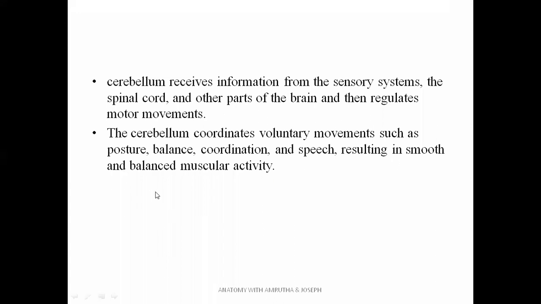So this is the main function of the cerebellum, right? As I mentioned, this is going to coordinate the voluntary movements, the repetitive movements, posture, balance, coordinated movements, the speech, which will result in a smooth and balanced muscular activity.